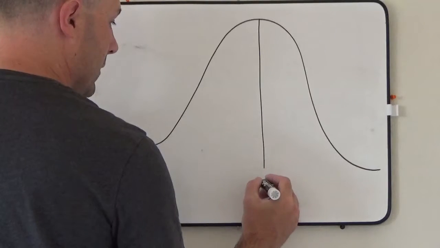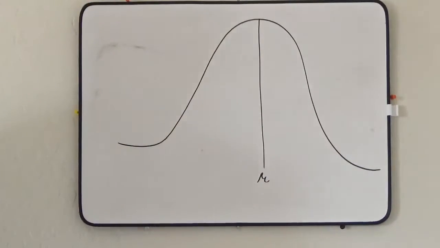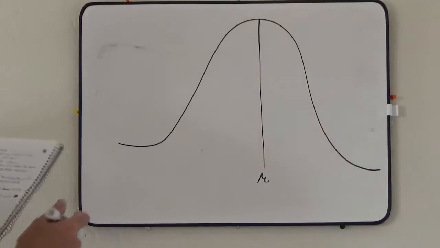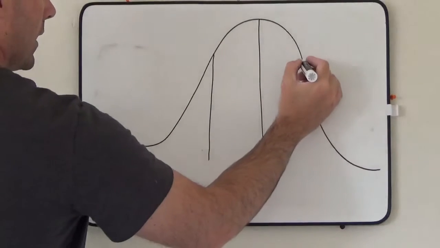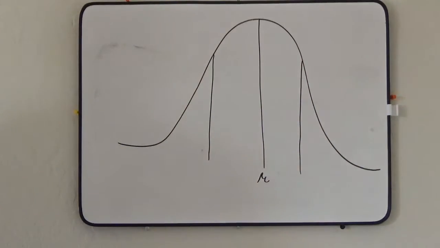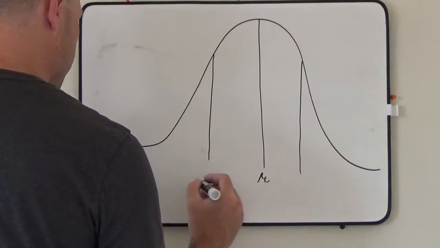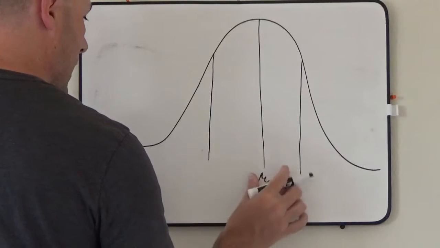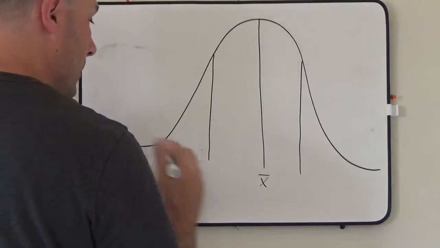Our mean is mu when we're doing population variance. It's x with a line over it when we're doing the other stuff. Now, this line represents 1 deviation away from the mean. So I'm going to use x with a line over it. It's just the way that we'll mostly be dealing with it.